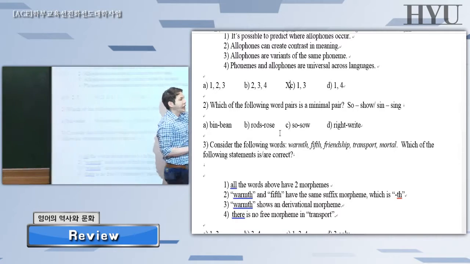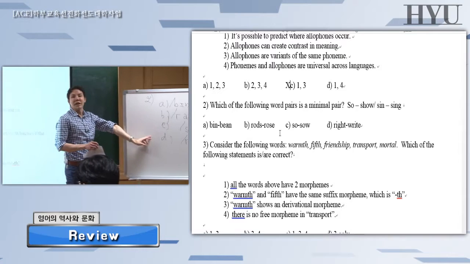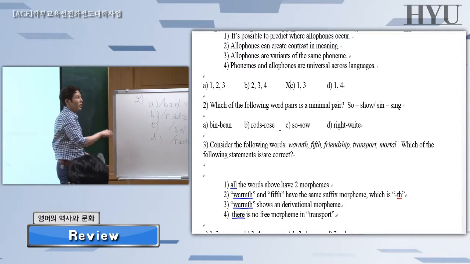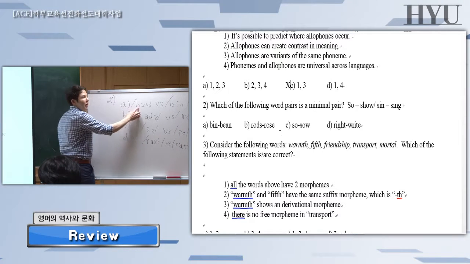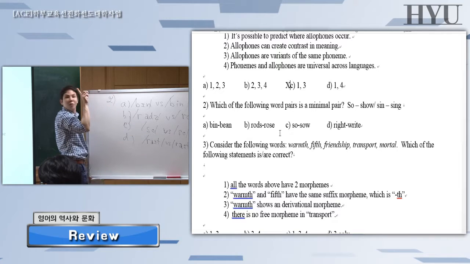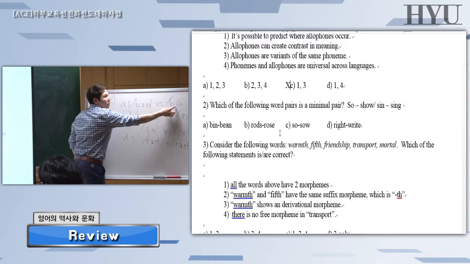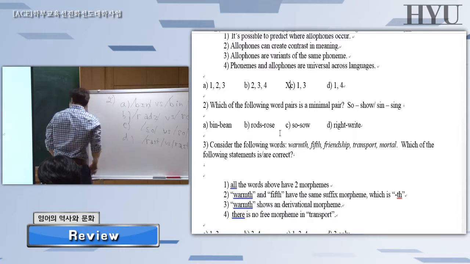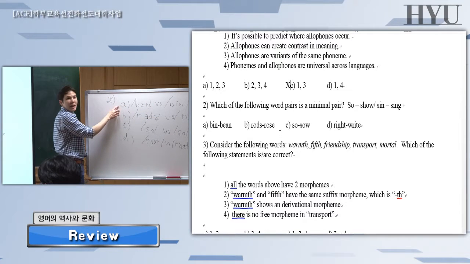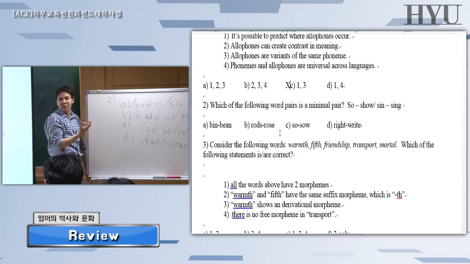So this is the pronunciation of A, B, C, and D. So in A, we have bin and bean, right? Only one difference, the medial position, I or E. So that's a minimal pair because you have only one difference, which is the medial sound.